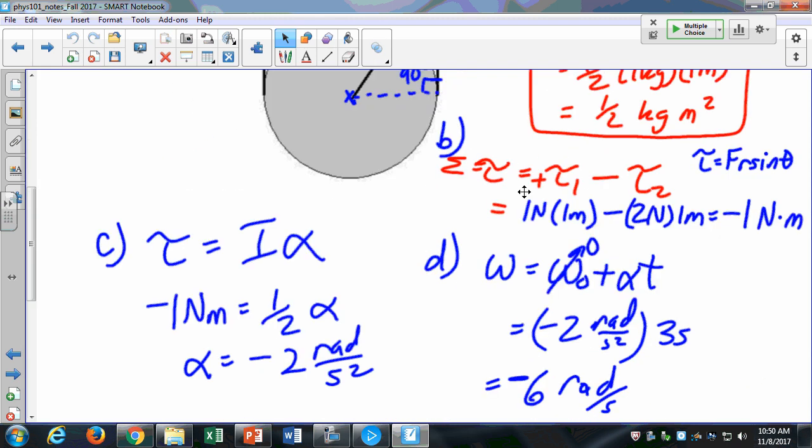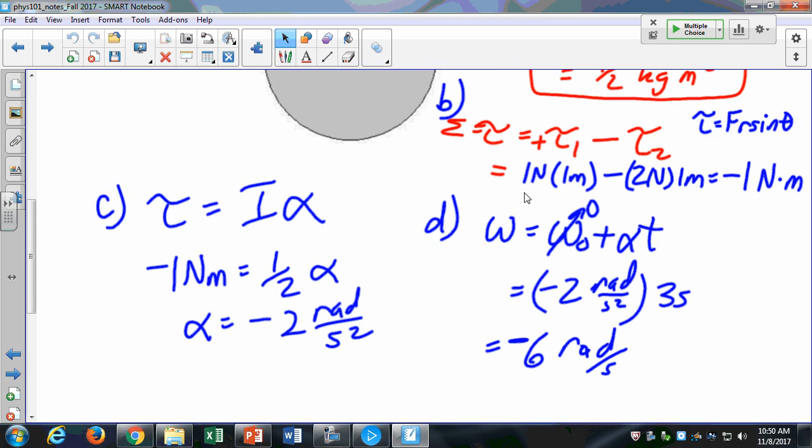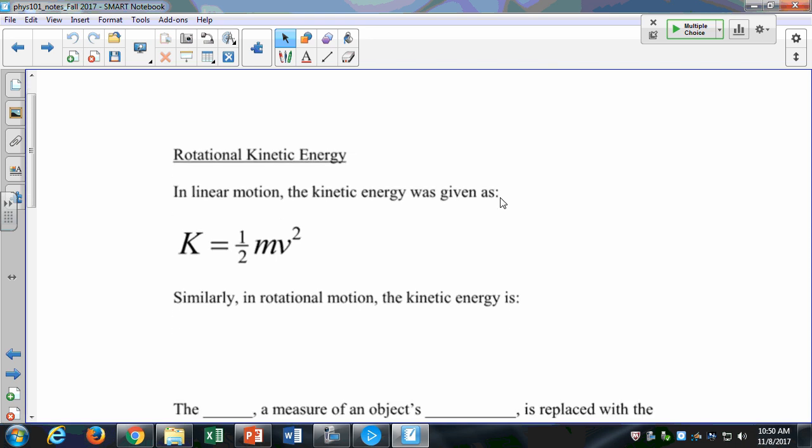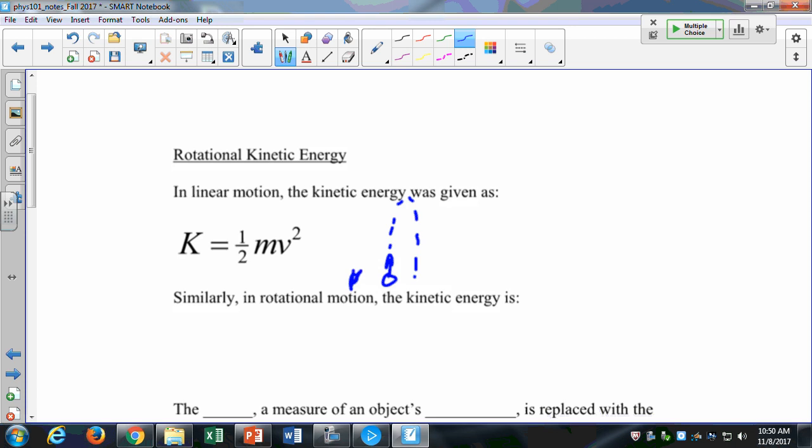All right. Let's see. Last time we worked through this problem, let's look at rotational kinetic energy, and then we'll do some practice problems. All right, so we had talked about kinetic energy. I remember in chapter 5 or whatever, it was important as we were talking about, say, something going up and it goes up and then it comes back down again, that down here it has kinetic energy.